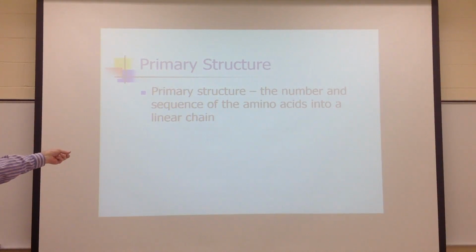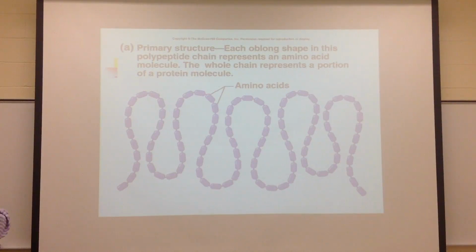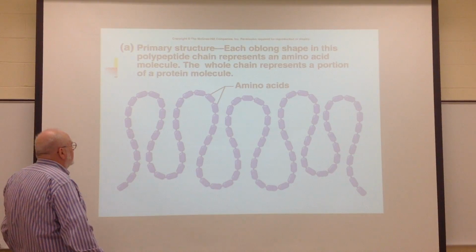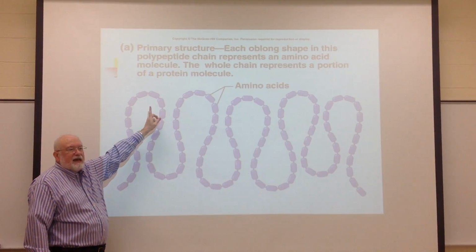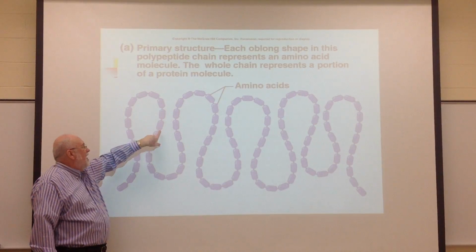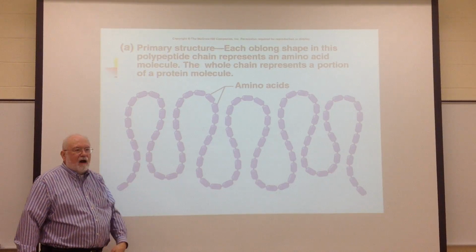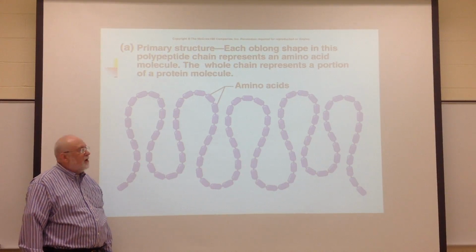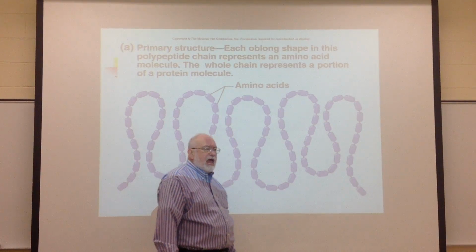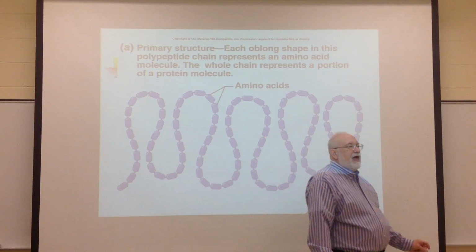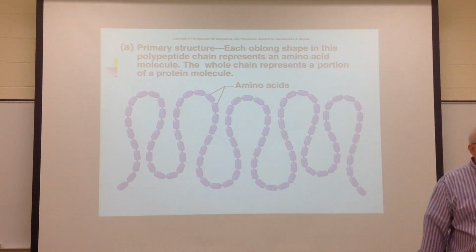You change this, you change them. What have we got here? Well, this is kind of a representation of it. Each of these little chiclet things would represent an amino acid, and the line between would be a peptide bond. That's the primary structure: a linear chain of amino acids held together by peptide bonds.